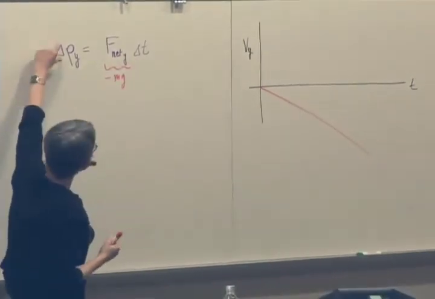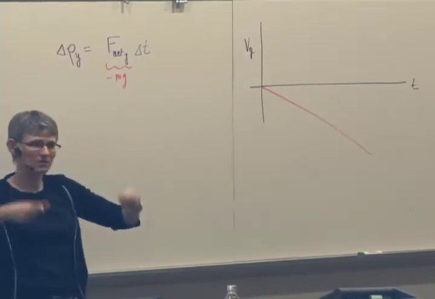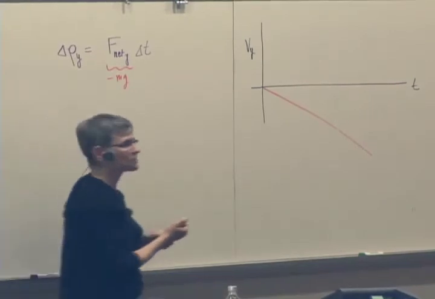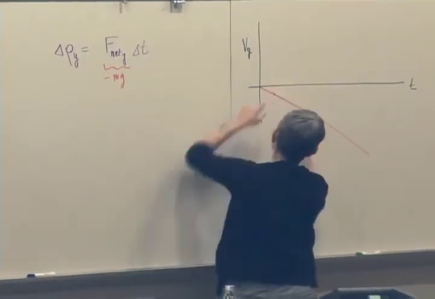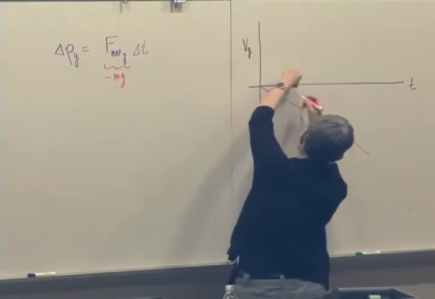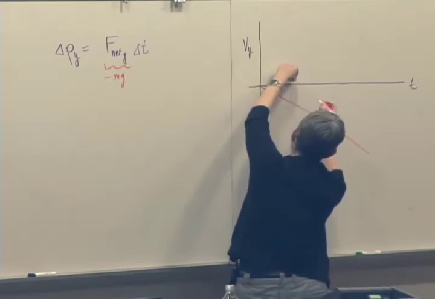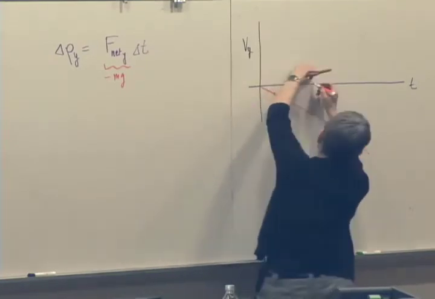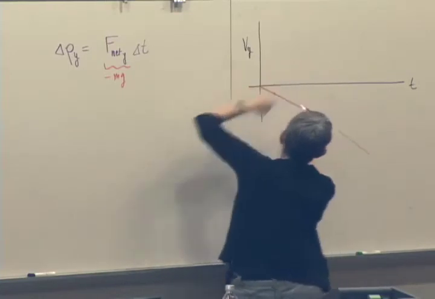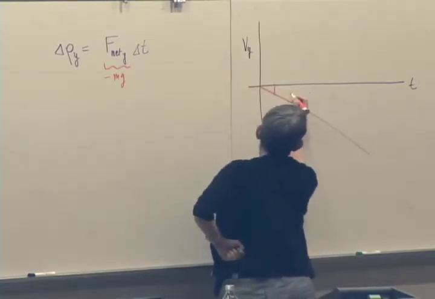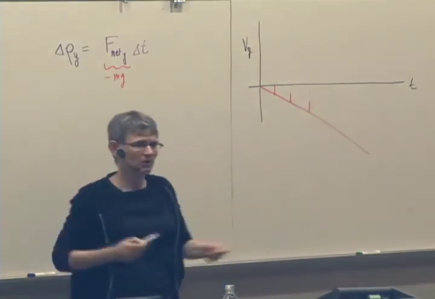That means that for every delta t, we're going to have the same delta p sub y, right? And so the same delta v. So for the first delta t, we get that much of a decrease. And for the second delta t, we get that much of a decrease again. And for the third delta t, we get the same. It's always the same. So straight line, right?